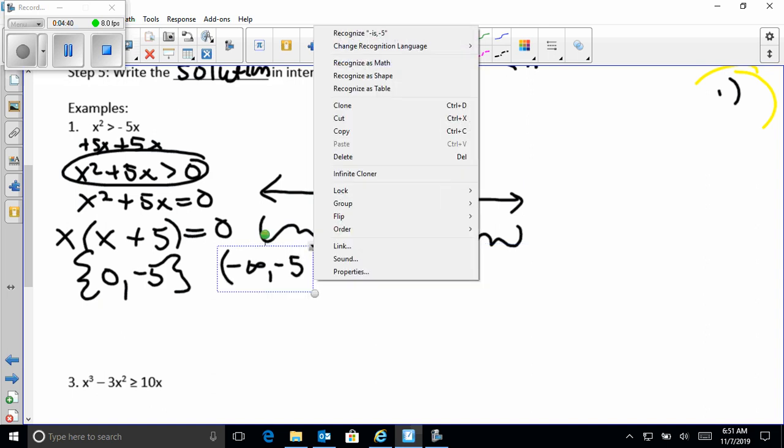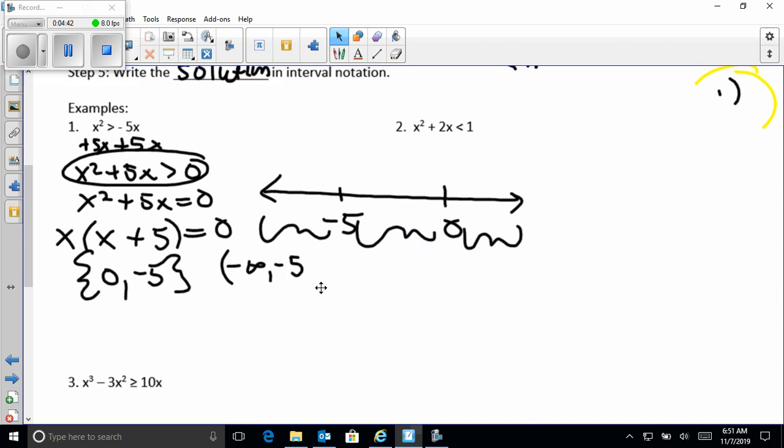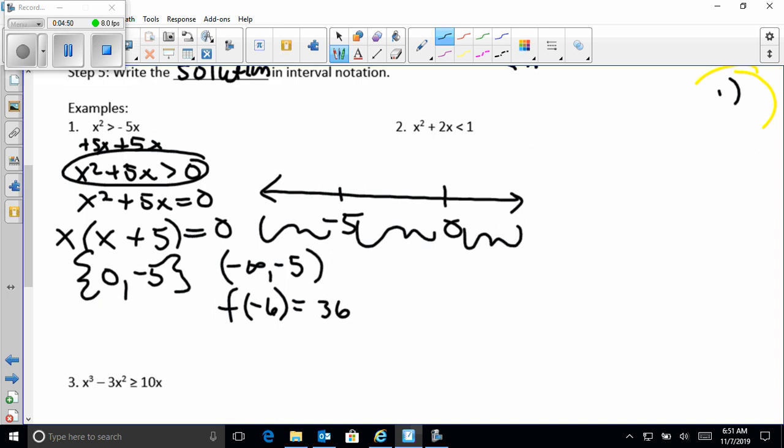I'm just going to plug in a -6. -6 squared is 36. And then 5 times a negative is going to be -30. So this is 6. So that's a positive region.